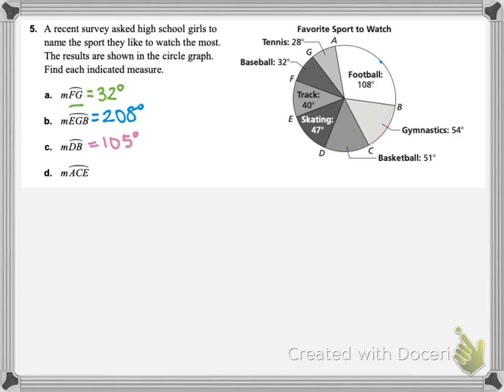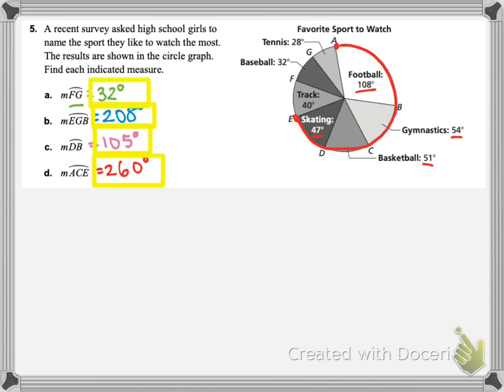And then last, ACE, so starting at A, we want to go towards C and end at E. So C is this direction, and then end at E. So we're going to add skating, basketball, gymnastics, and football. And this will equal 260 degrees. Ta-da! As my daughter would say.